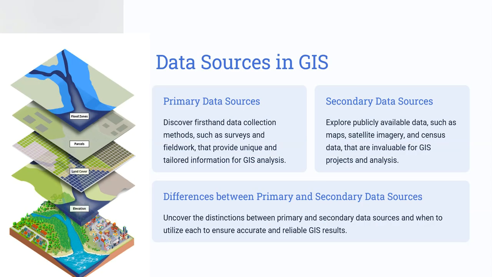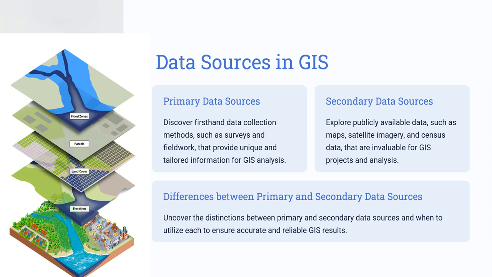Primary data you collect from your survey, like field work and GPS survey, or measurements with a total station, dumpy level, or theodolite, and then you convert them into a GIS-supported file like a shapefile. Secondary data you can collect from different maps, satellite imagery, and census data, which are invaluable for GIS projects and analysis.